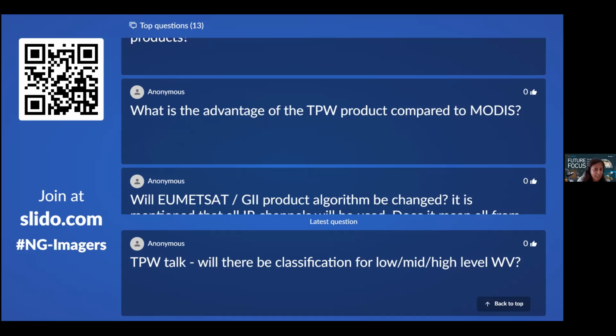The only advantage that I can tell you is that for the visible case, MODIS at the moment assumes a constant contribution from aerosol. In our case, this contribution is not constant, but the right value of aerosol load is taken granule by granule from the corresponding CAMS file, so from the Copernicus retrieval. So this could improve the accuracy a little bit.